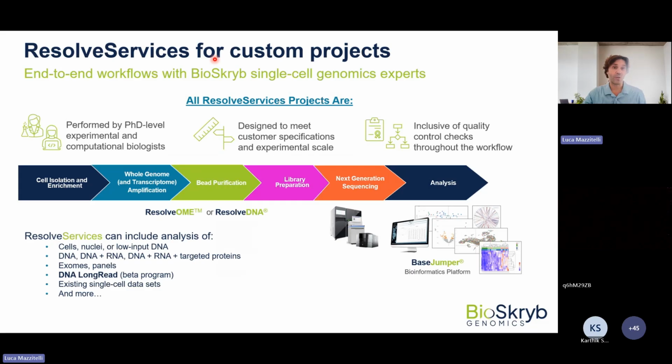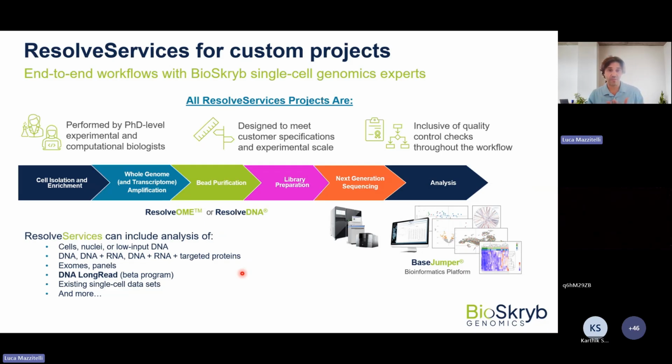And just to finish, we also have in the US, and it's working a lot, our service lab, where we have researchers sending us their cells, their samples, and we will do the sorting, the isolation, and then perform the ResolveDNA or ResolveOME workflow until library preparation, with or without sequencing, and also with or without analysis, with all the different quality controls.